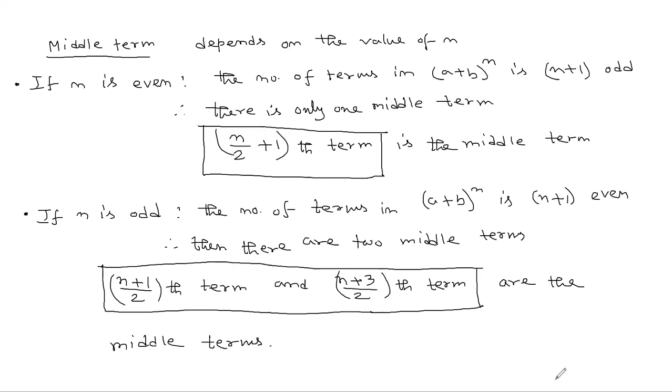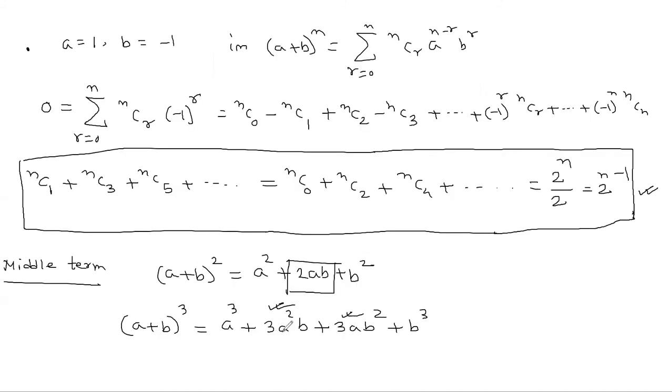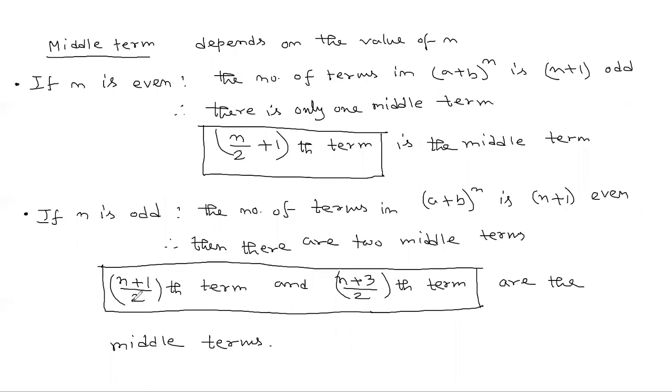For example, what are the middle terms here? Here n is equal to 3. That means n is odd, so the number of terms is even. What are the formulas? It is the (n plus 1 by 2)th term and the (n plus 3 by 2)th term.